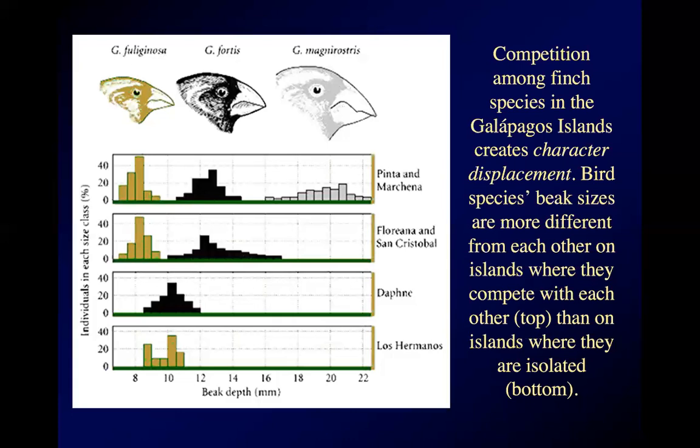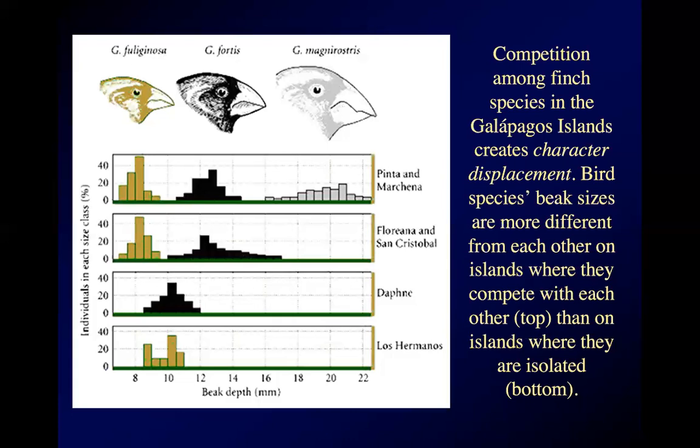On the islands where the two don't compete, the phenotypes are not very different. They overlap quite a bit. On the other hand, if you go to Floriana and San Cristobal, you'll notice that they are more different from each other.